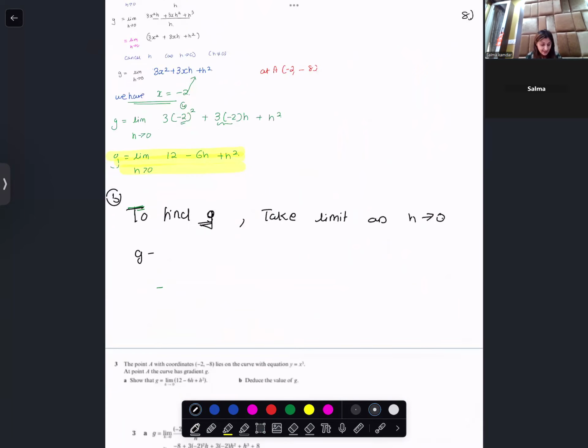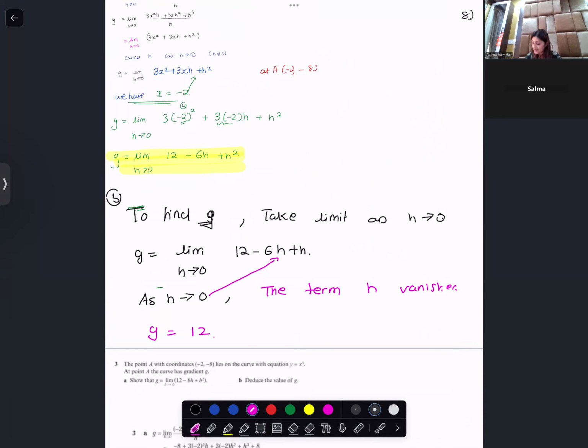So g is equal to limit h tends to 0, 12 minus 6h plus h square. So as h is approaching 0, the term h vanishes. Okay, it disappears. So g will be equal to 12.